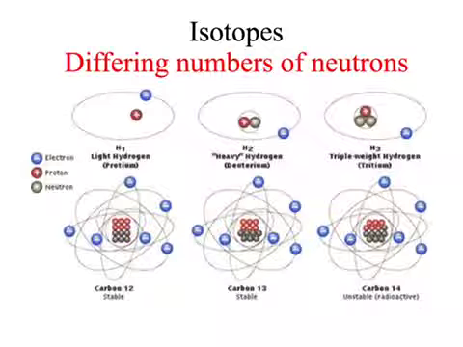Now, we're not going to go in depth into isotopes, but just for your information, an isotope is an atom of an element. It just has a different number of neutrons. So it doesn't change the element, it just changes the mass of the element.